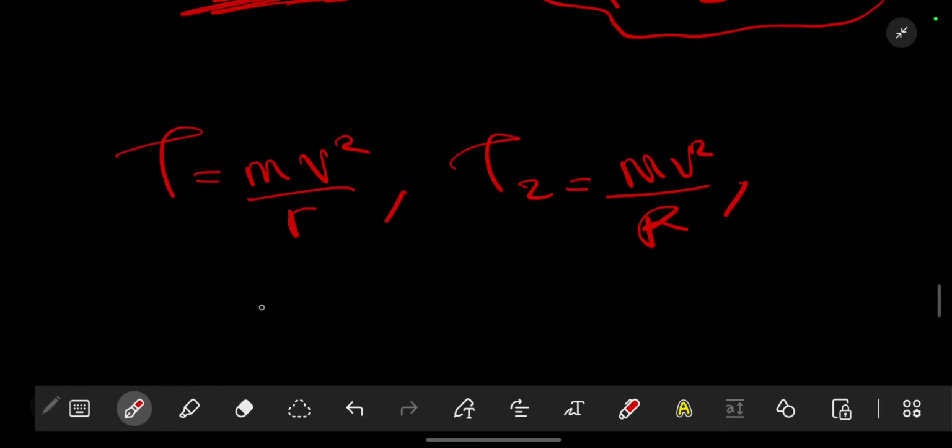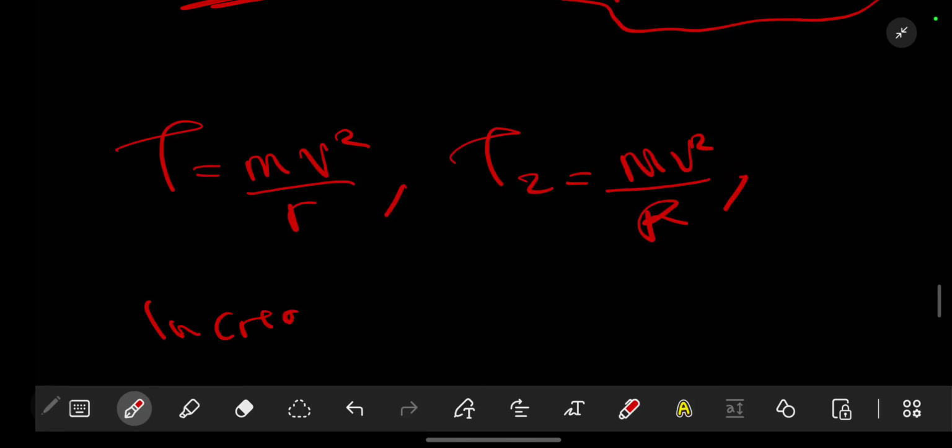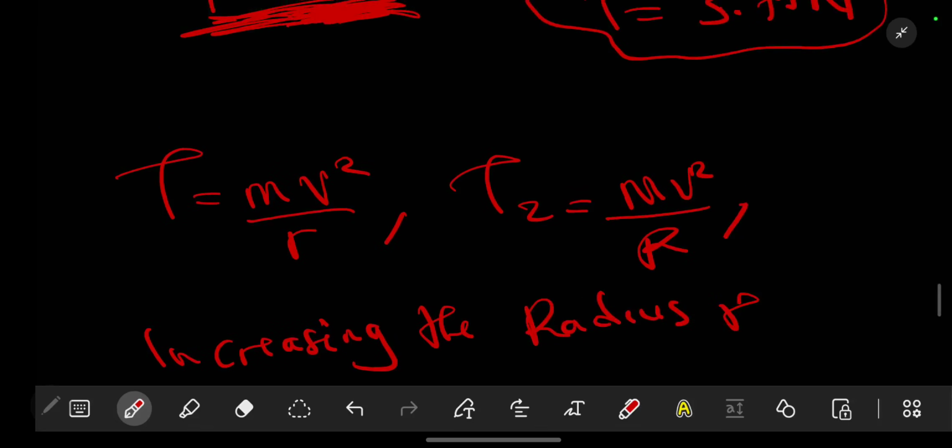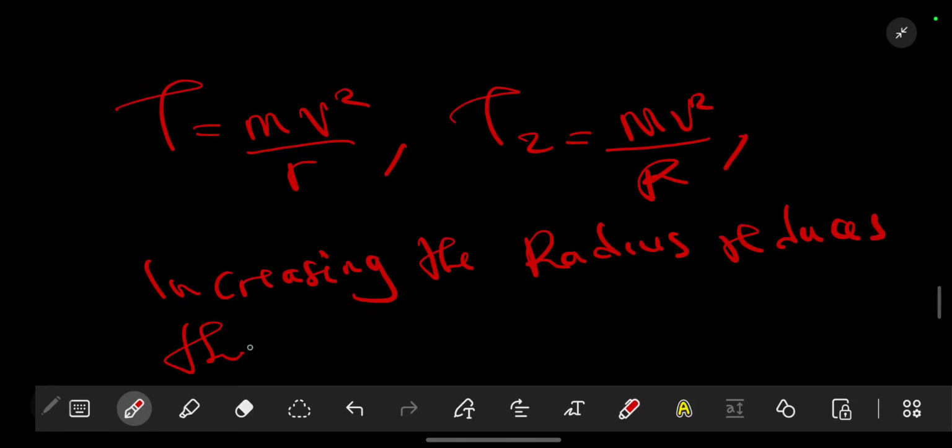So you can say increasing the radius reduces the tension applied, not the maximum tension, but the tension applied.